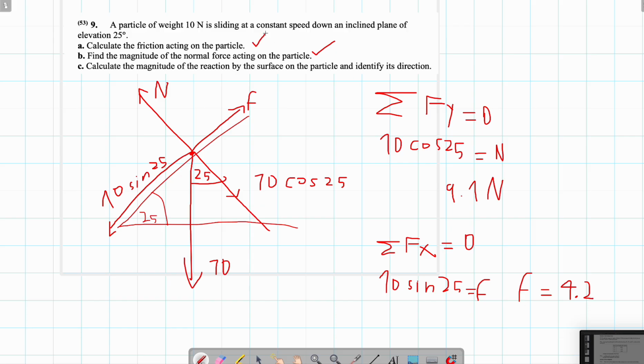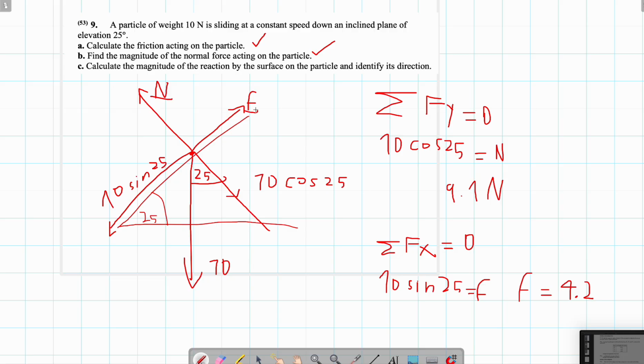Now part C, calculate the magnitude of the reaction by the surface on the particle. For this, the magnitude of the reaction will always be the magnitude of the resultant of normal and friction.